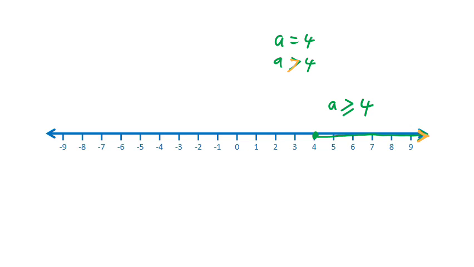What about if B is greater than or equal to 7? So we'd start at 7 and draw our arrow across like that, and we can see the connection there. So now we can write another rule. We already know that a solid dot means equals, but a solid dot with an arrow means greater than or equal.